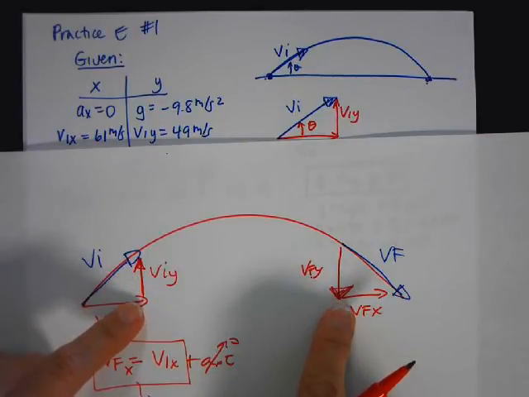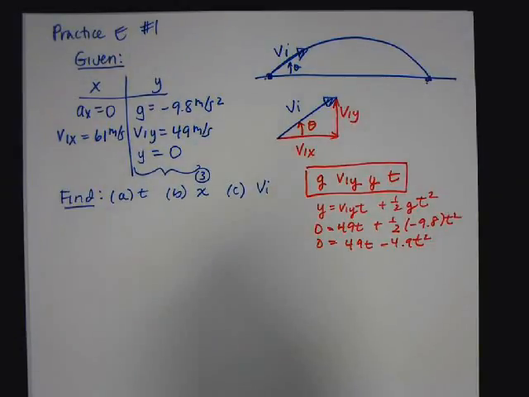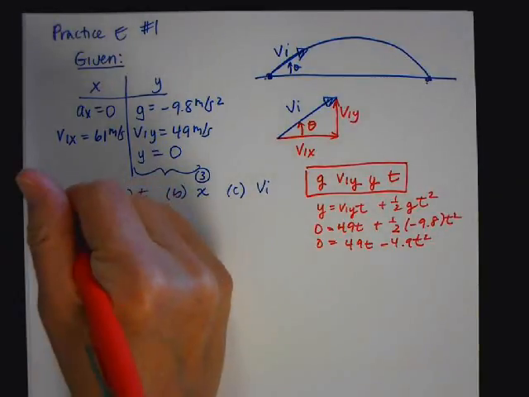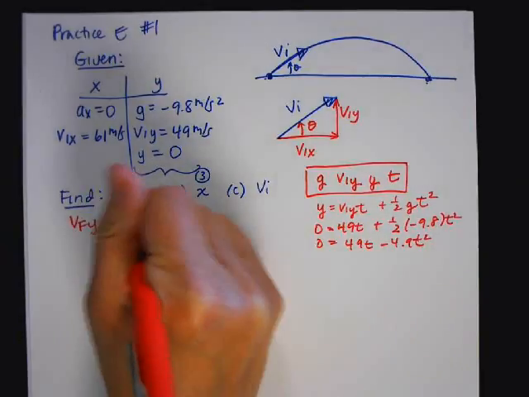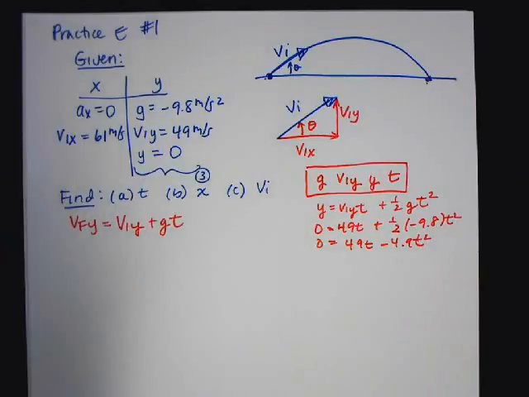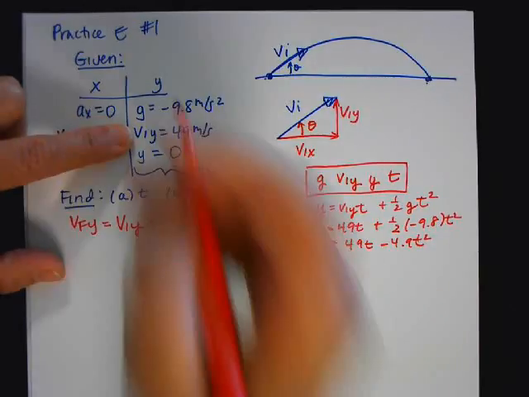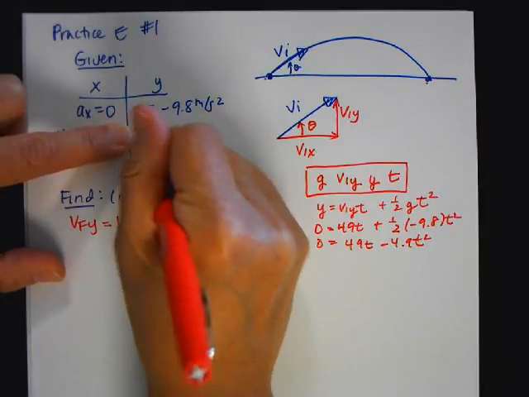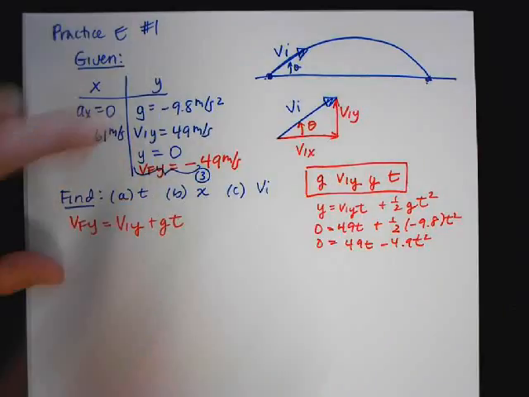So let's go back to this problem. I'm going to look at that same equation applied vertically, VFY is equal to VIY plus gt. So if I know that VIY is 49, that means VFY is equal to negative 49. So does everyone see why that's negative 49? Okay.